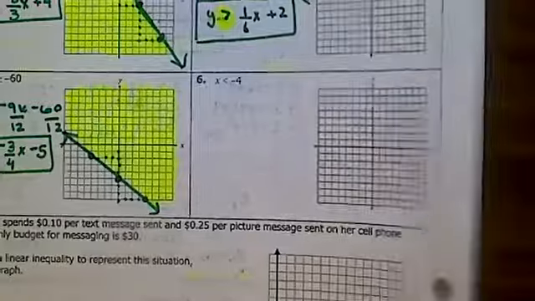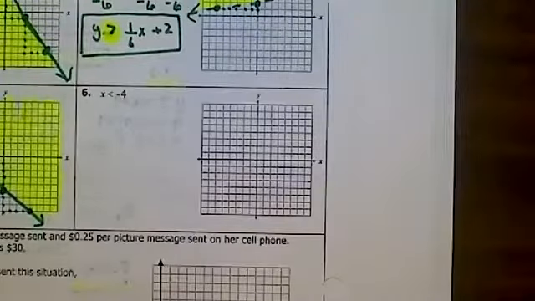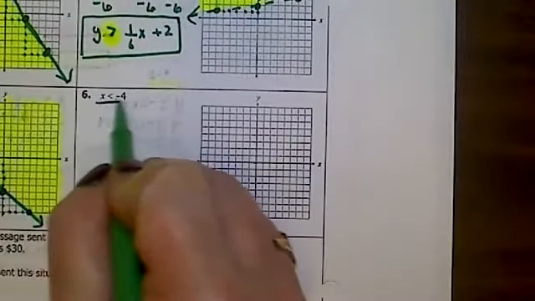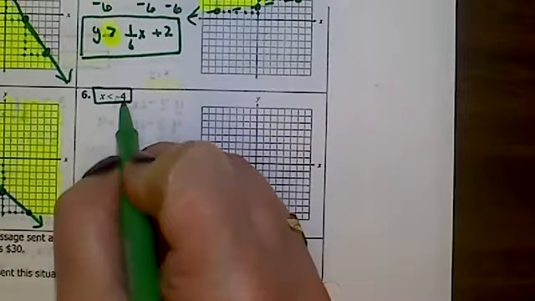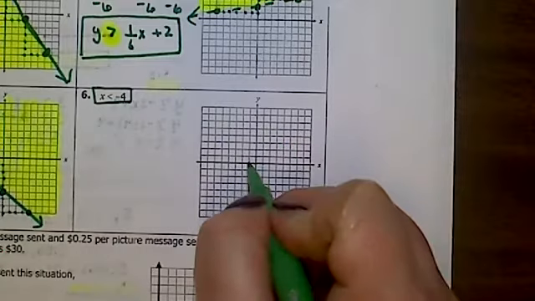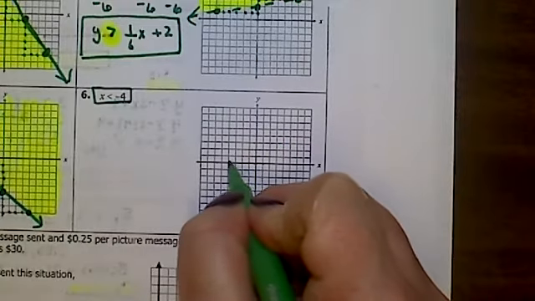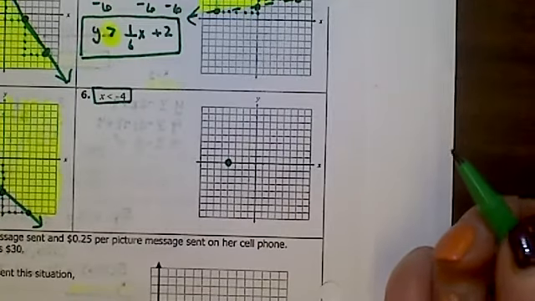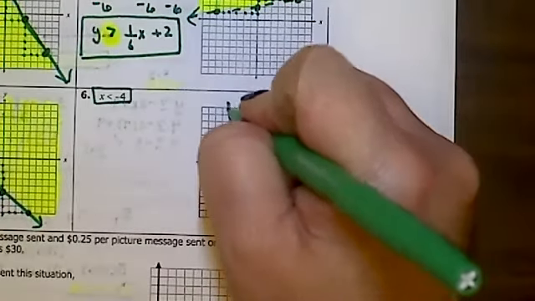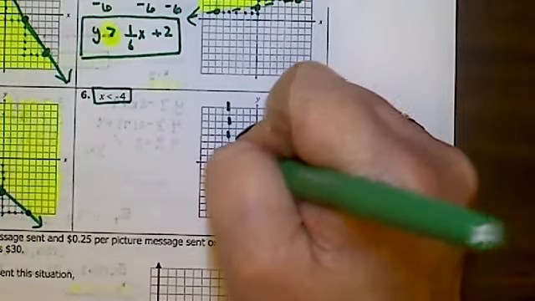Now the last one deals with your special case. So notice there's not a y. Okay, there's only x and a number. So what you do is you locate this negative 4 on your x-axis. And you have to do a line that goes through negative 4. So the only line that would go through that would be a vertical line because it's got to go through negative 4 all the time.